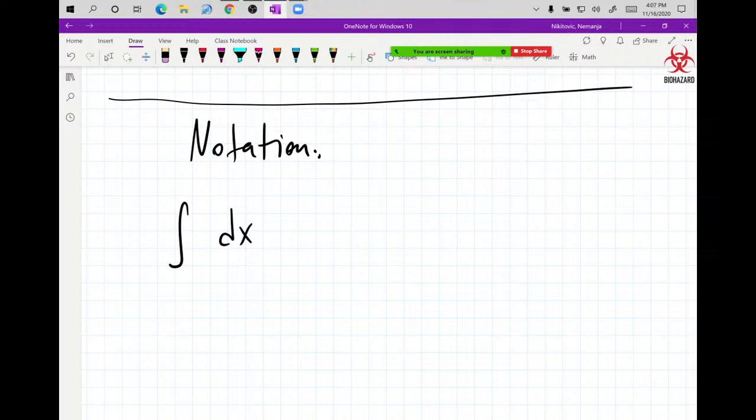And moreover, if I put f of x in there, there is a multiplication in between f of x and dx. A lot of people that are just mechanically learning and memorizing the course are going to miss this gem of information right there. There is multiplication in between the function and dx.